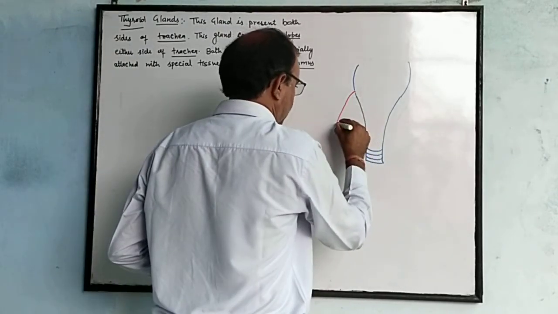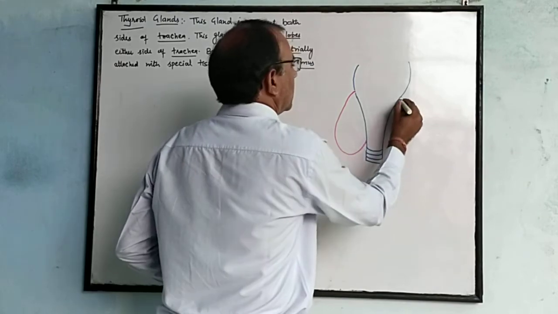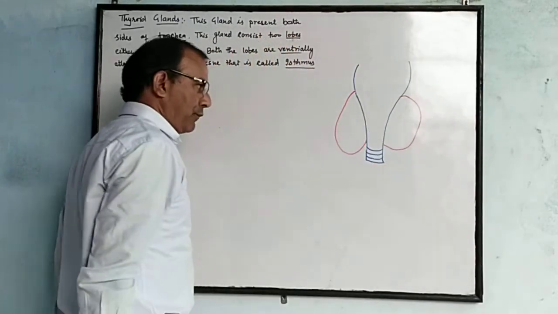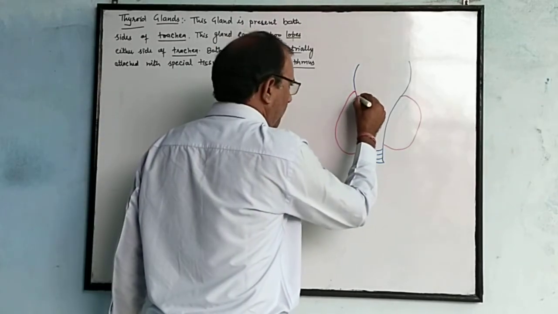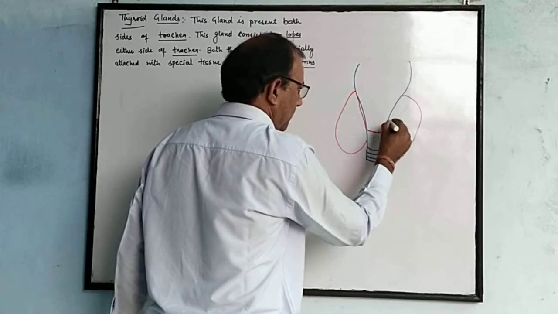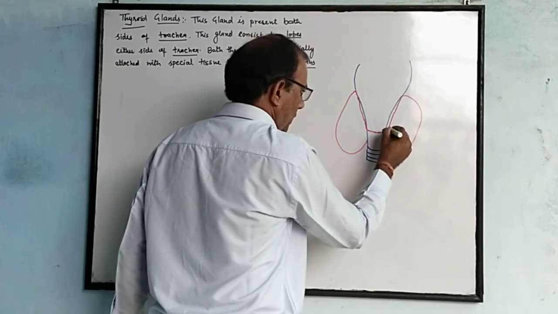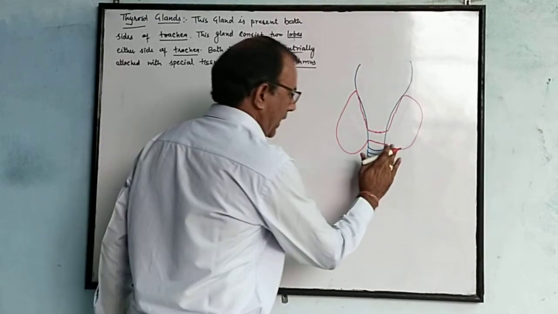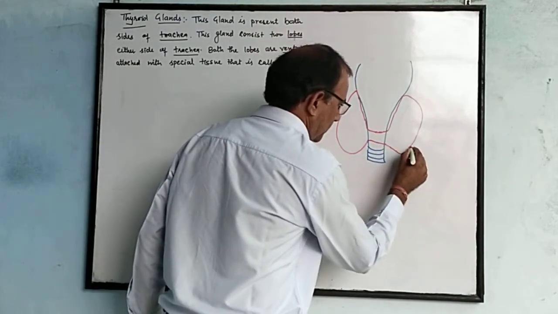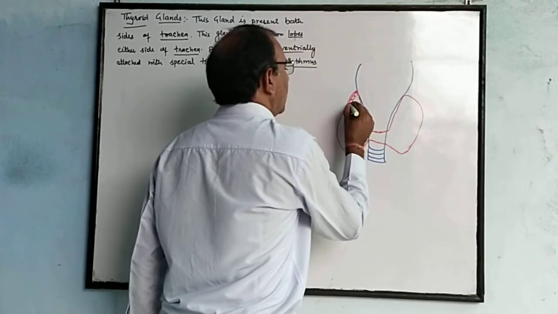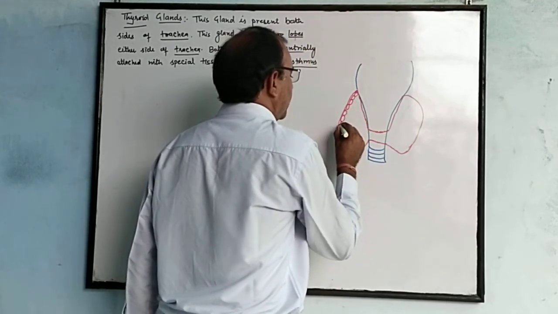On the frontal side, this lobe is attached with a special tissue, and this tissue is known as isthmus. There are some follicular structure cells also present here.